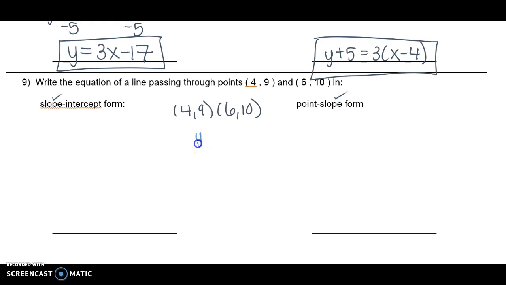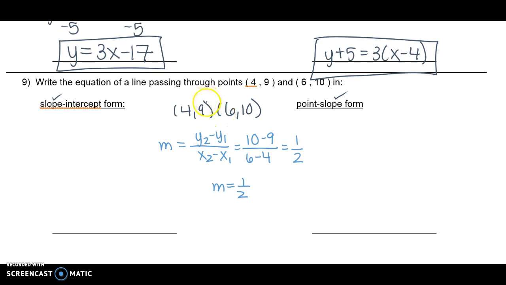So slope formula, y2 minus y1 over x2 minus x1. Subtracting the y's, 10 minus 9, and then subtracting the x's, 6 minus 4. This simplifies to 1 over 2. So my slope is 1/2.